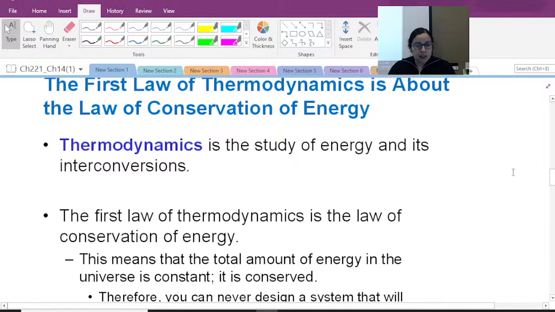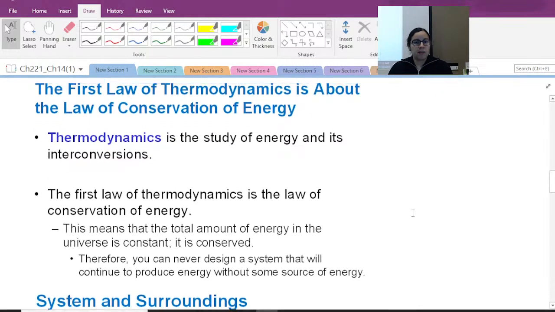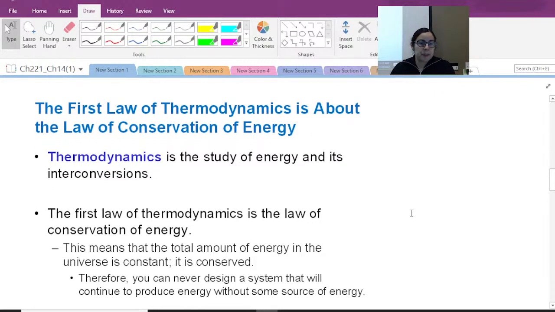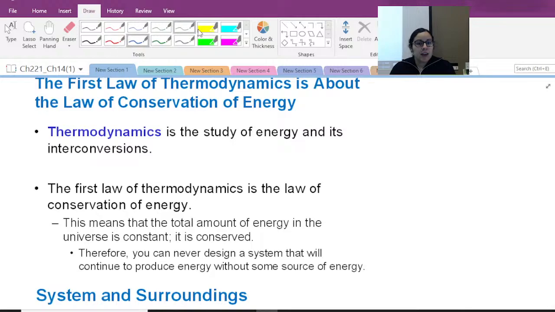And so now let's look at the first law, conservation of energy. Our first law of thermodynamics states conservation of energy, so that means that our total amount of energy in the universe is constant. It is conserved, so energy is just converted from one form to the other.